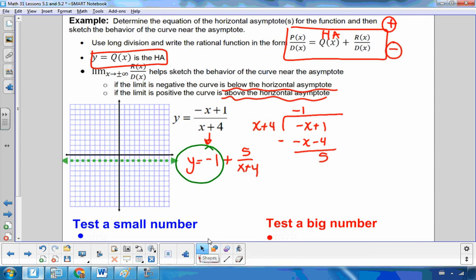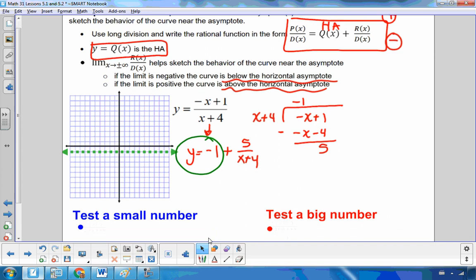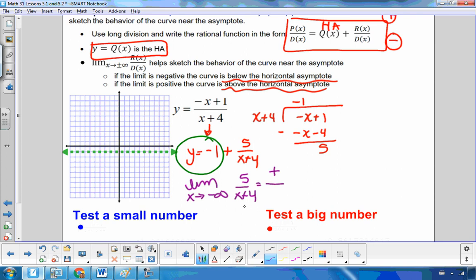I'm going to look at the remainder to figure out what exactly is happening on either side of the horizontal asymptote at the extreme ends. So let's do the negative first. I'm going to look at the limit as x approaches negative infinity of 5 over x plus 4. So a really big negative number. So if I have 5, which is positive, divided by a really big negative number plus 4, it's still going to be a negative number.